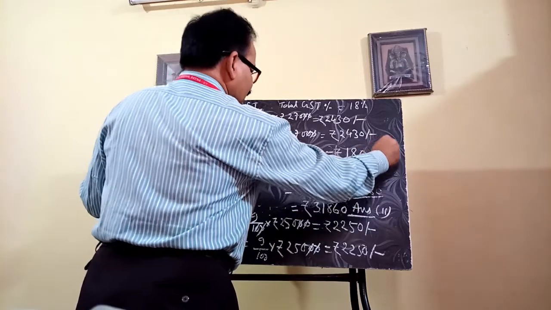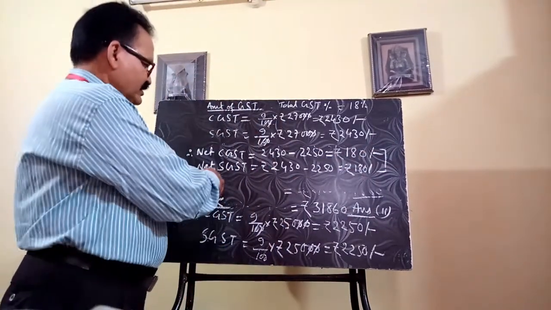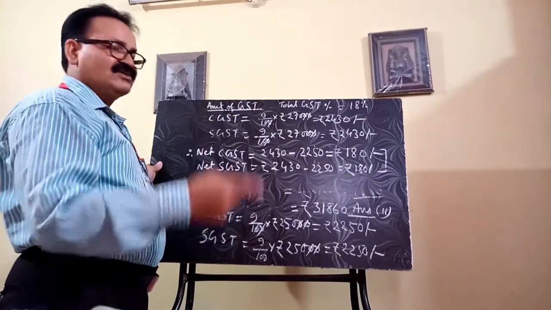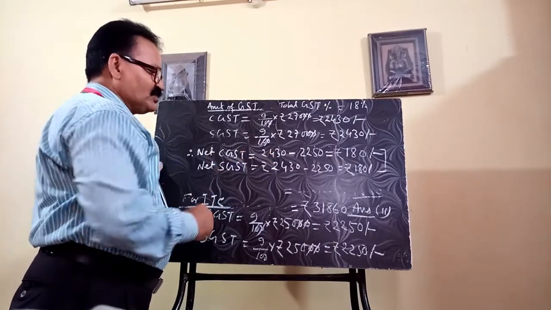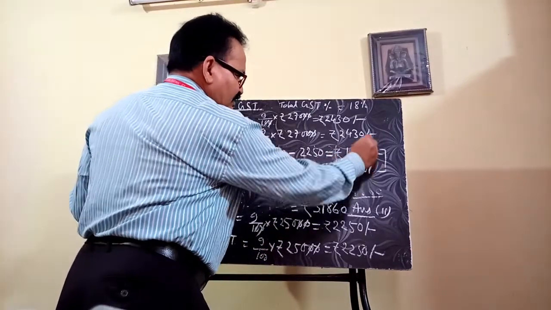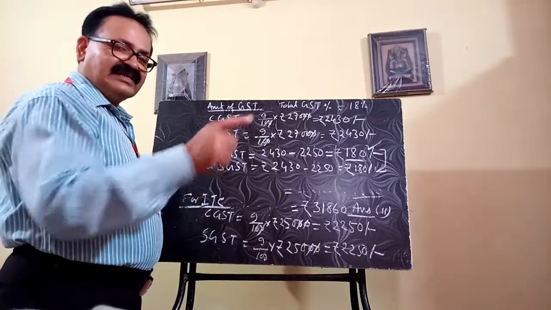So these are the net CGST and SGST paid by the wholesaler to the government. This is the difference of your output tax credit and input tax credit.